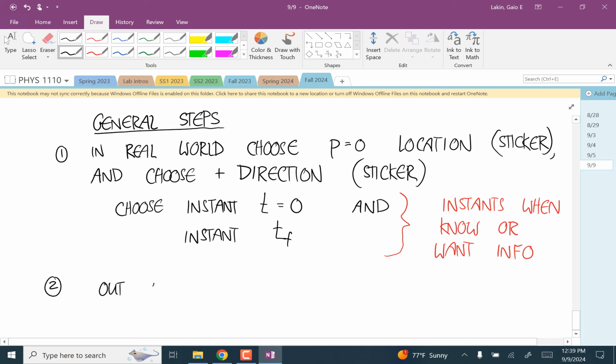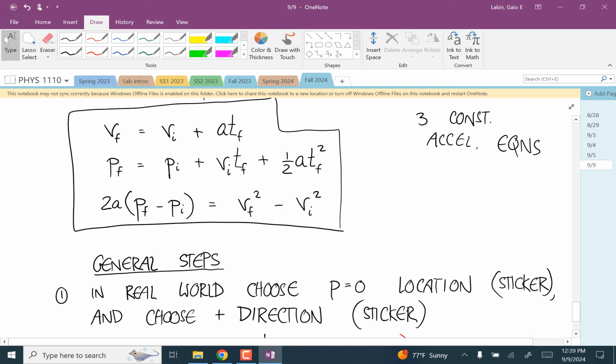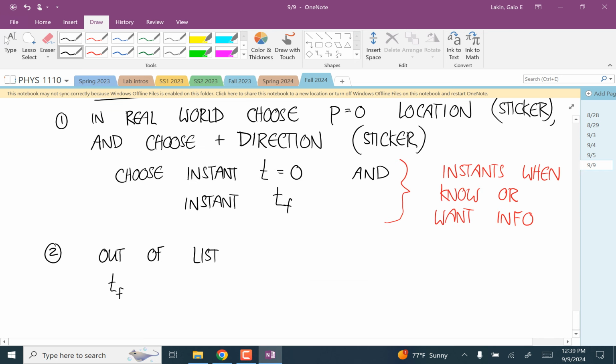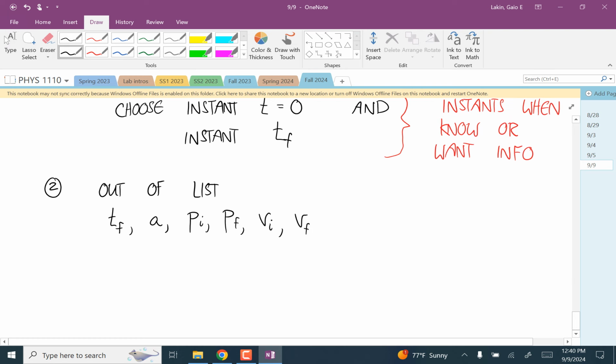Out of a list of 6 total variables that show up in these equations, and those are time final, acceleration, P initial, P final, V initial, and V final, we're going to list the variables we know and the one single variable that we want to calculate.